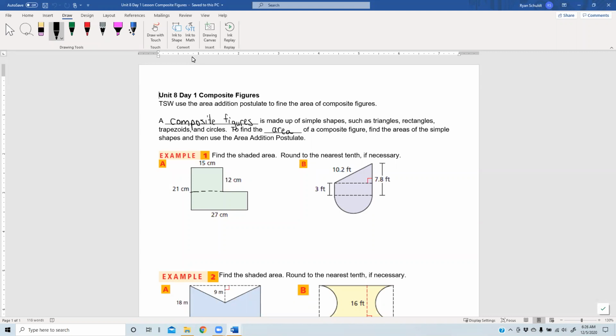So now what I have is 2 smaller rectangles, the rectangle on top and the rectangle on bottom. So I'm going to have to find the area of both of these and then add them together to get my total area.